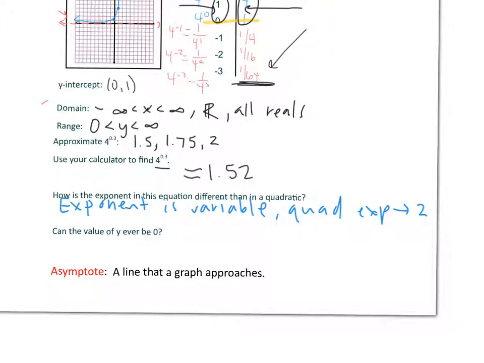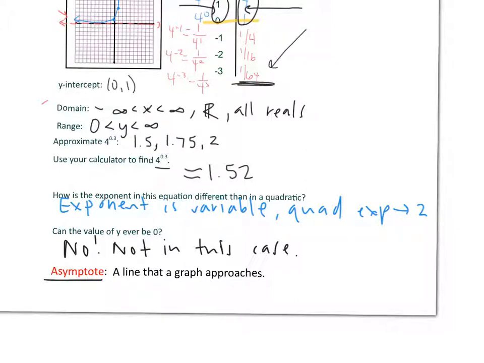For this specific function, can the value of y ever be 0? No, not in this case. And we saw that with our table, that our values were getting very, very close to 0, small fractions, but would never actually be 0. What that is called is an asymptote. An asymptote is a line that a graph approaches.